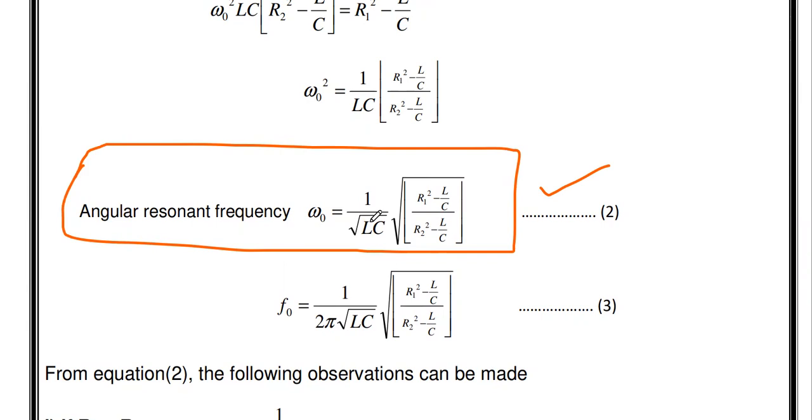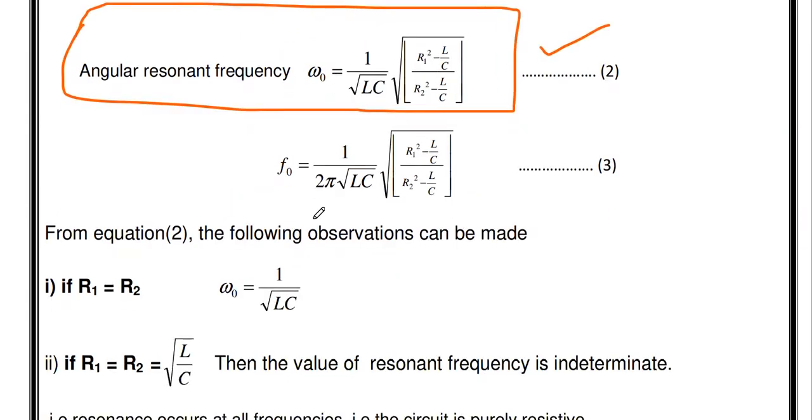The formula is 1 by root LC with the additional term square root of R1 squared minus L by C divided by R2 squared minus L by C. If you want to find the resonant frequency in hertz, f naught equals omega naught divided by 2 pi. This is the resonant frequency in hertz.